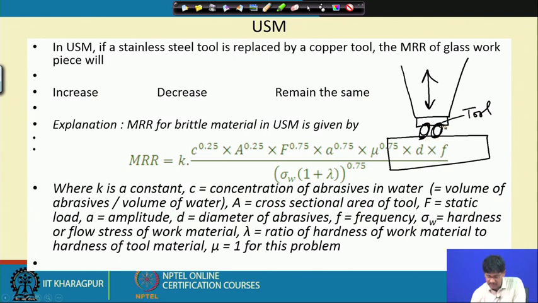Now, if the tool becomes softer, these indentations will be higher on the tool side and the workpiece will get a relief. On its side, the indentations won't be much because most of the hammering action will be absorbed by larger indentations of the tool if it is a softer copper tool, and therefore, the material removal rate will definitely decrease.